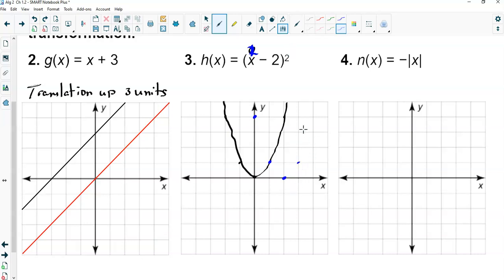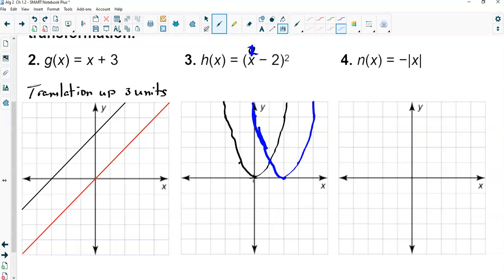So notice my graph, at this point, this is my vertex. So 2 that way, I am good to go. Now I could see what the graph looks like.